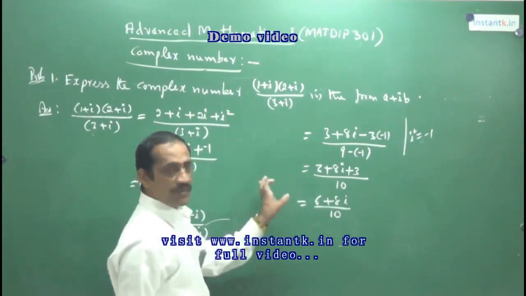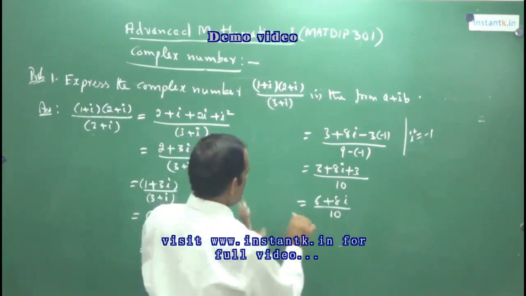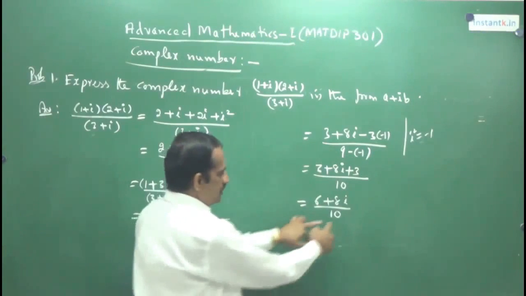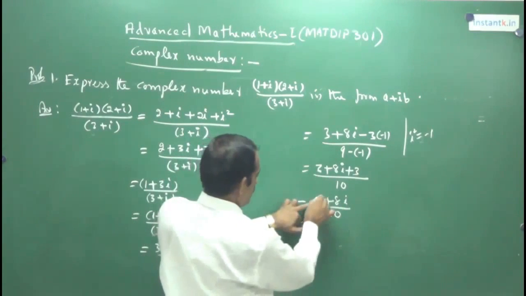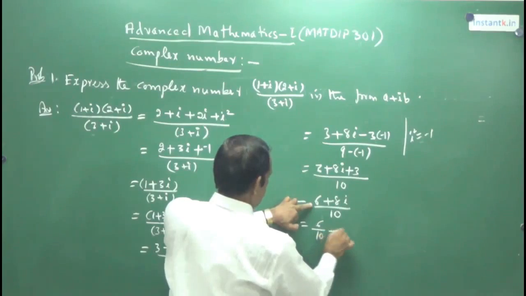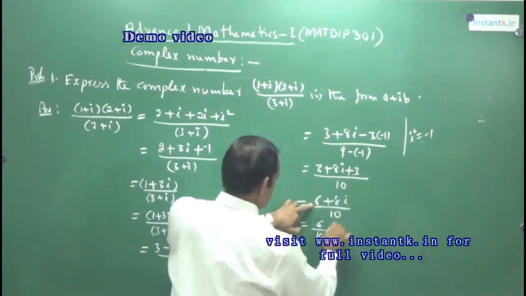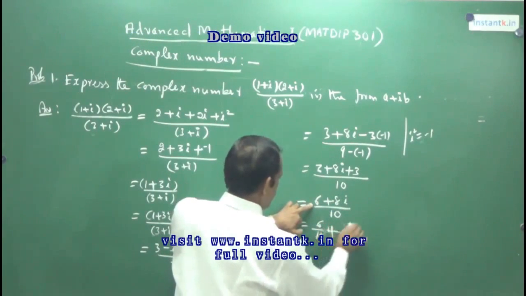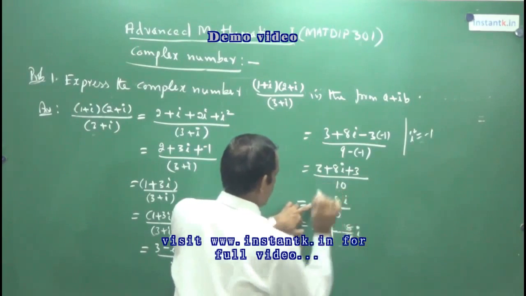Now you have to write it in the form a plus ib, meaning what is the real part. This 10 is common for these two terms, so we can write 6 by 10 plus 8 by 10 into i.